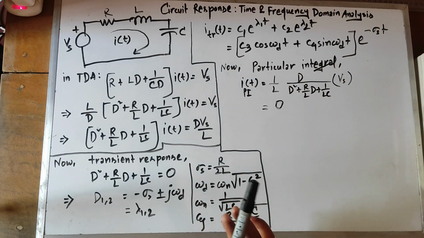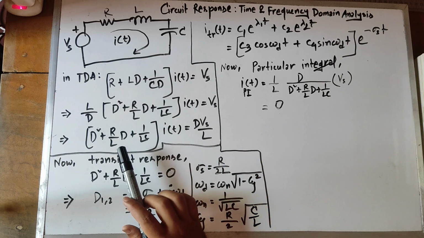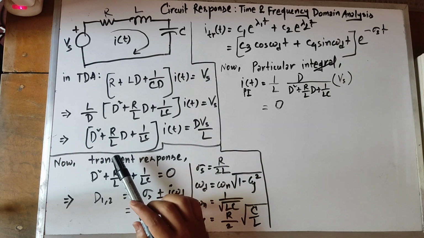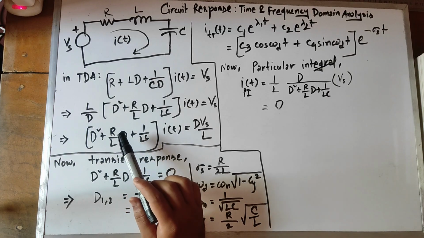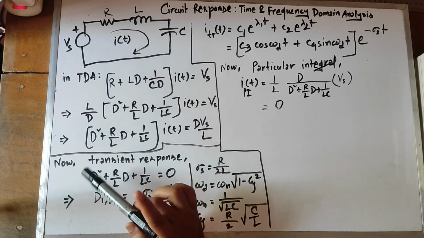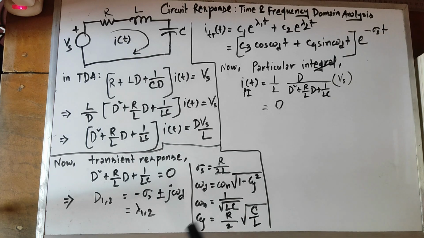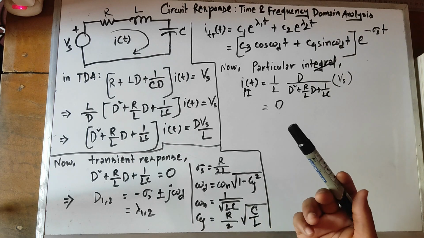Now I have just rearranged it, and this is the differential equation. This is a linear differential equation with constant coefficients. Here the coefficient of D square is 1, the coefficient of D is R by L, and 1 by LC is the constant.